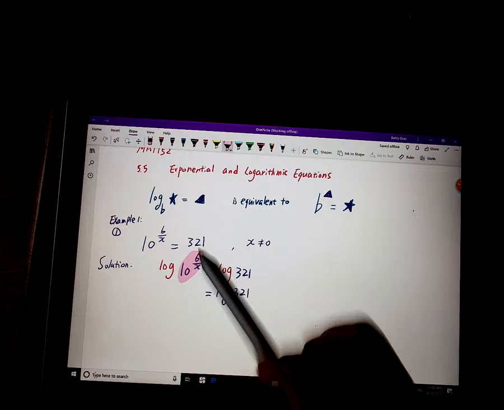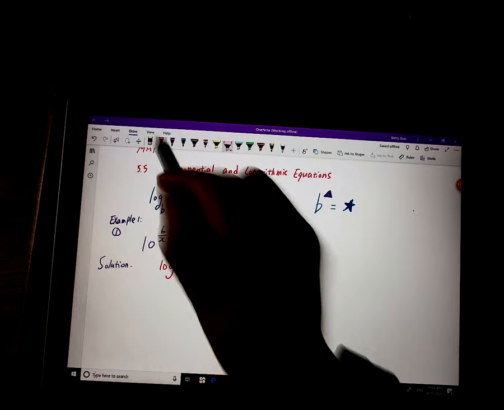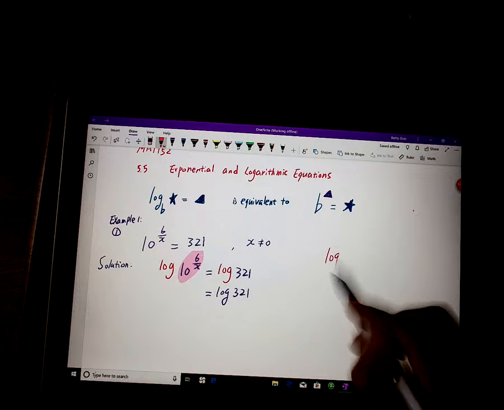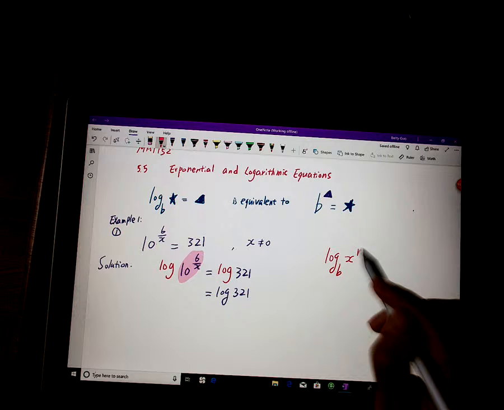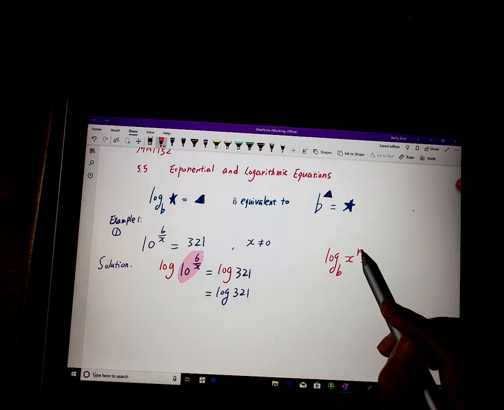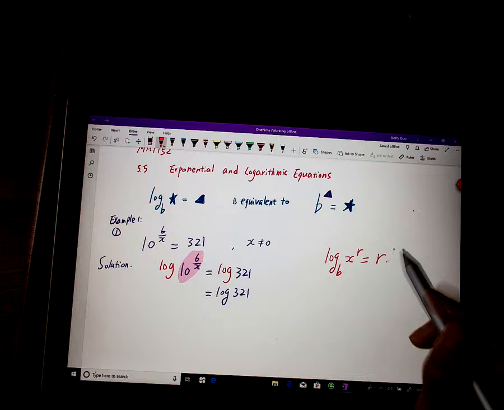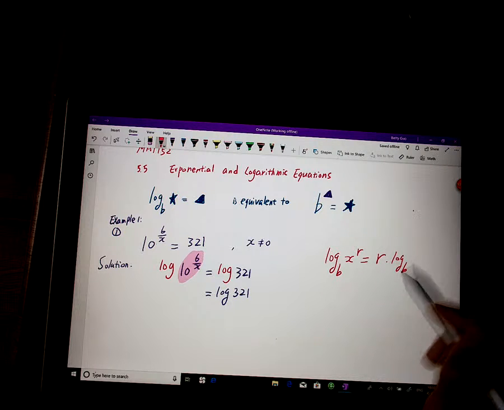Do you guys remember the power rule? Let me write it here. Log with base b, x to the power of r. If the antilogarithm is a power, we are able to move the exponent r in front and then multiply by log with base b of x.